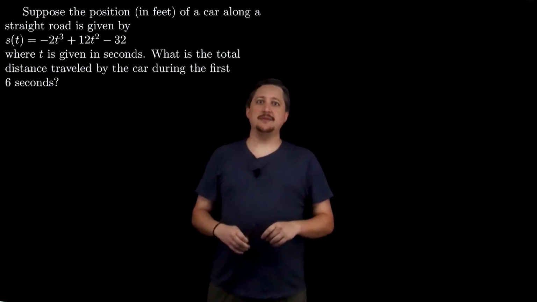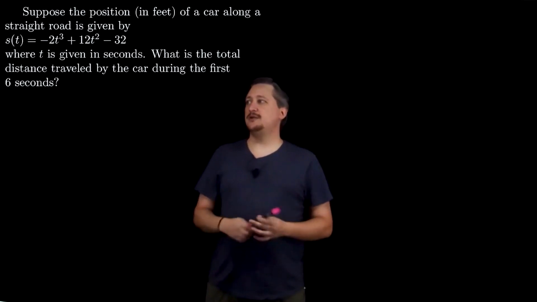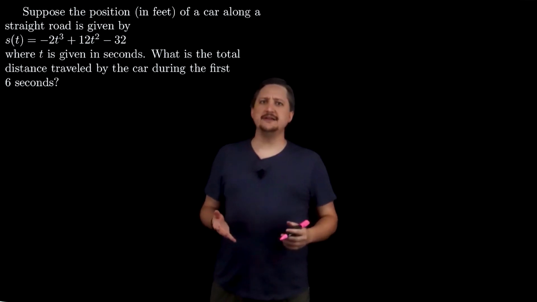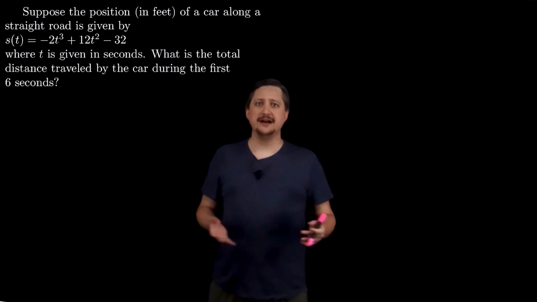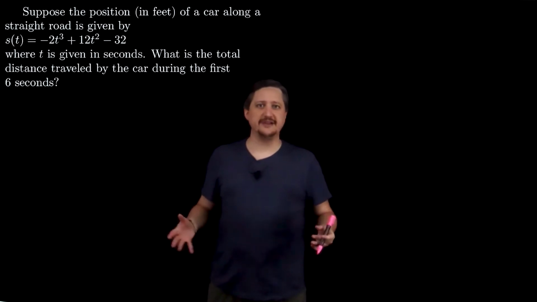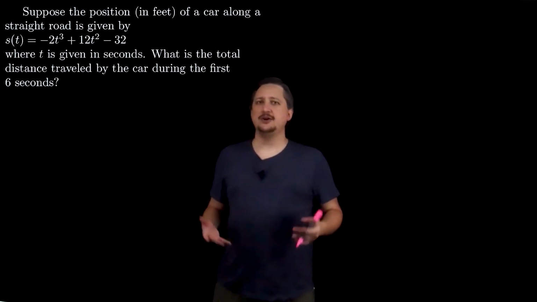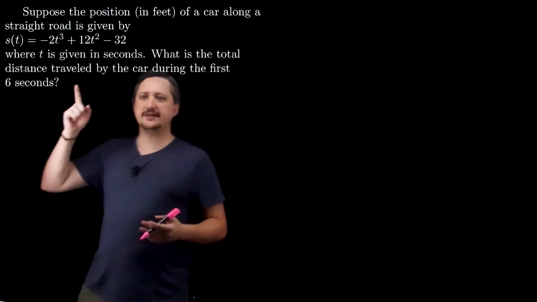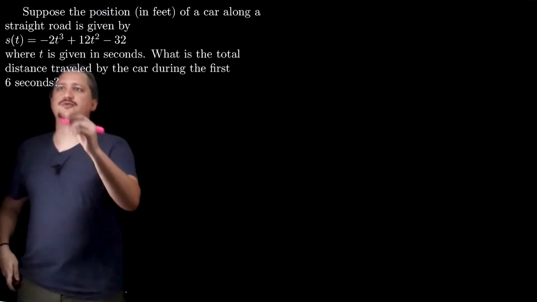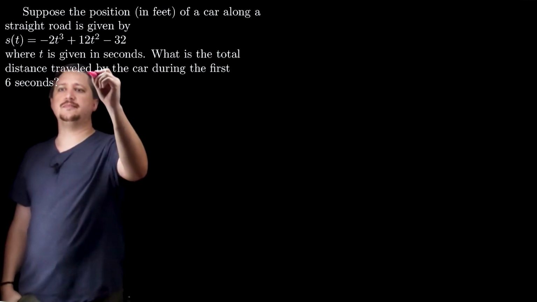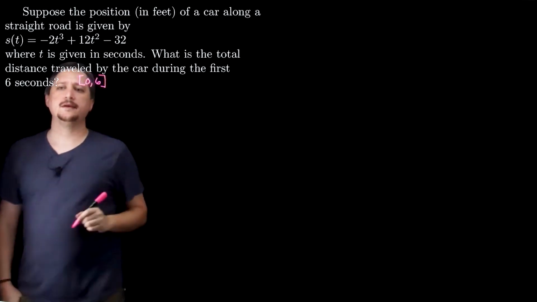So commencing the incorrect approach, I could say, okay, well, my car is wherever, right? I could assume that it starts at 0, but let's not assume that. In fact, what it seems to be the case is that it's over the first 6 seconds. So really I'm talking about the interval, let's say 0 to 6, right?